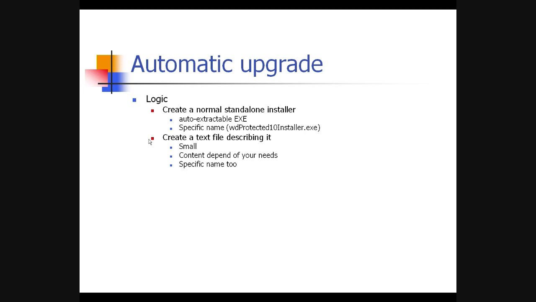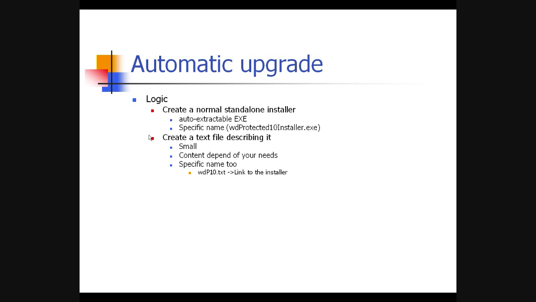Of course, you're going to give it a specific name too, for the exact same reason that we need a specific name for the installer itself. We need to manage several text files with several installers, and therefore each of them needs to have a specific name in order not to be written over by another one. For example, you can name it wdp10.txt, and in that case, you will need to have a link to the installer.